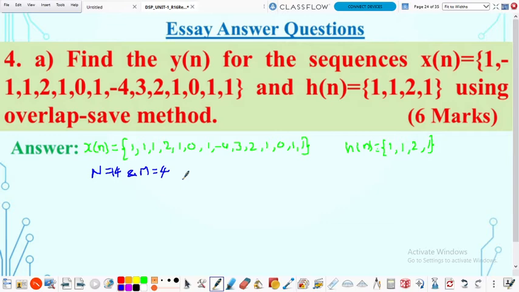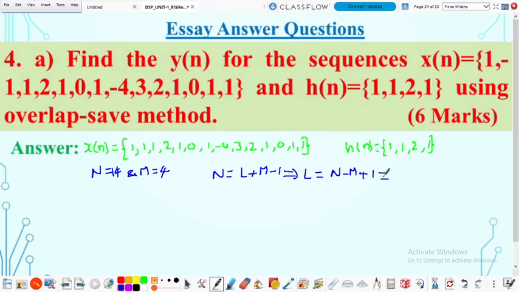Using the formula, capital N is equal to L plus M minus 1. From this equation, the length of the data sequence, capital L, is equal to N minus M plus 1.